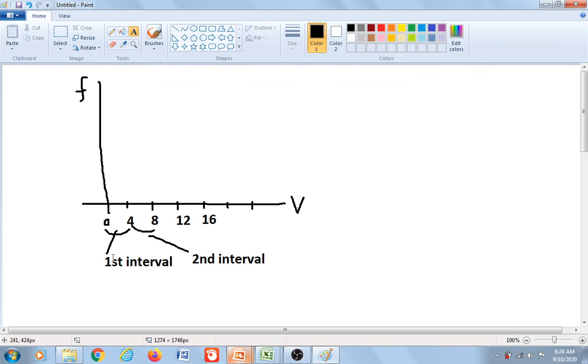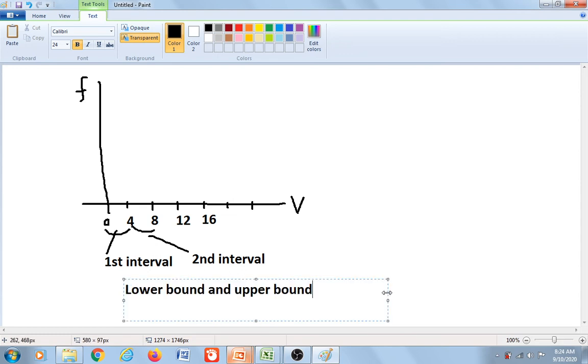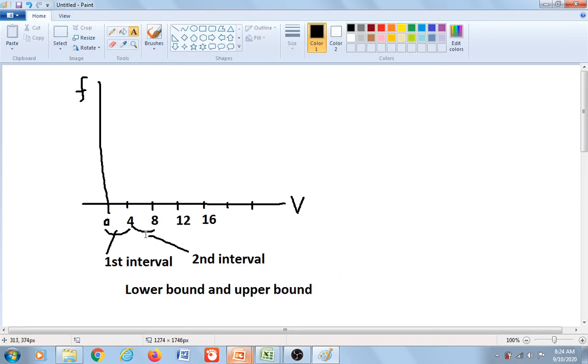And as you can see, for each interval we have what we call the lower bound and upper bound. The upper bound of the first interval is the lower bound of the second interval.